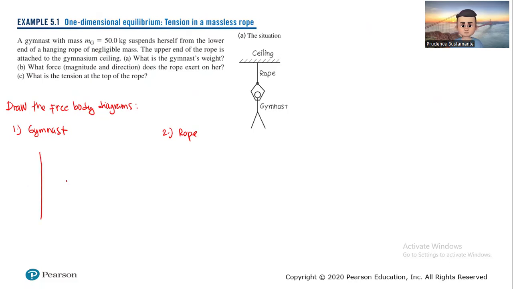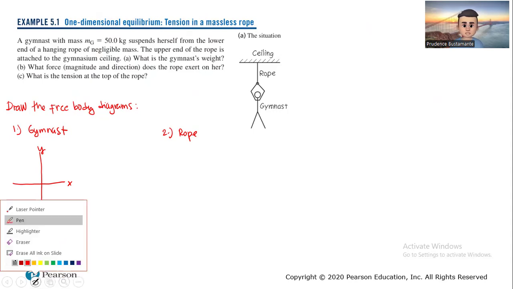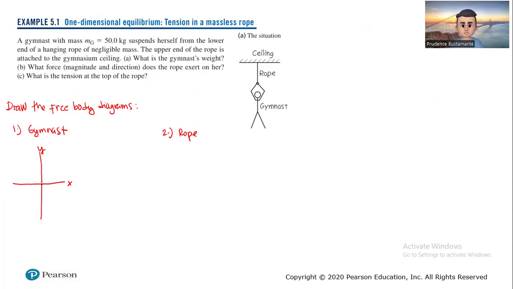Let's draw our x and y axes. If you are the gymnast, of course, there is a tension of the rope acting on you, and also you have the weight of the gymnast, which is equal to m, the mass of the gymnast, times the acceleration due to gravity. Maybe that's all.